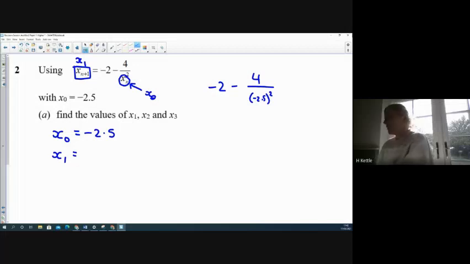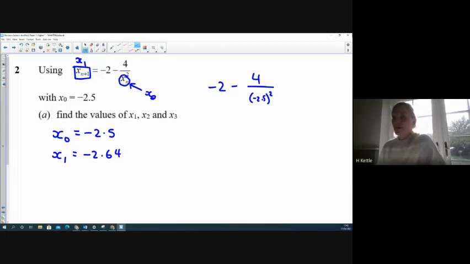If I type that in my calculator, minus 2 minus 4 over minus 2.5 squared. And remember, if you're squaring a negative in your calculator, you need to put brackets around it, otherwise it'll go wrong. And that is minus 2.64.